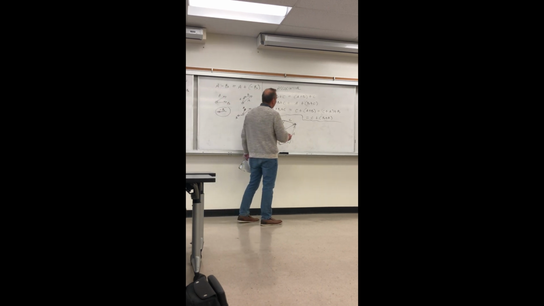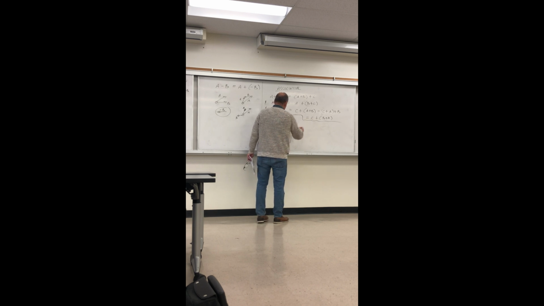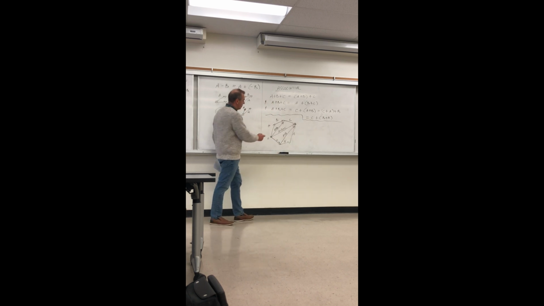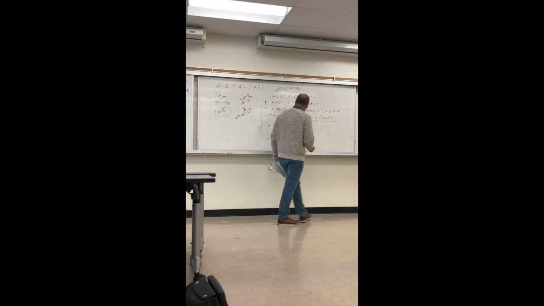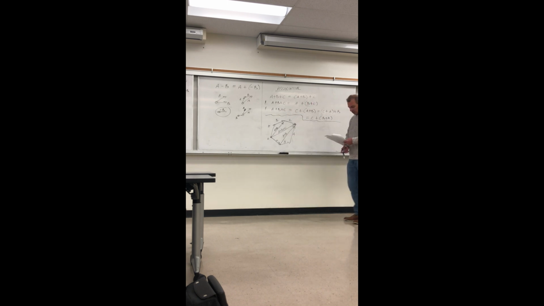But look, we have here C plus A plus B. This one here, this is A plus B or B plus A, right? So you can see that's the C plus A plus B. And then we have, you can arrange them however you want.